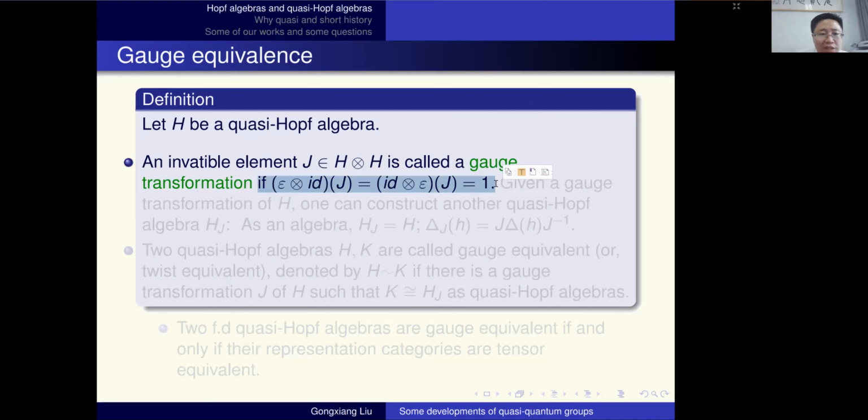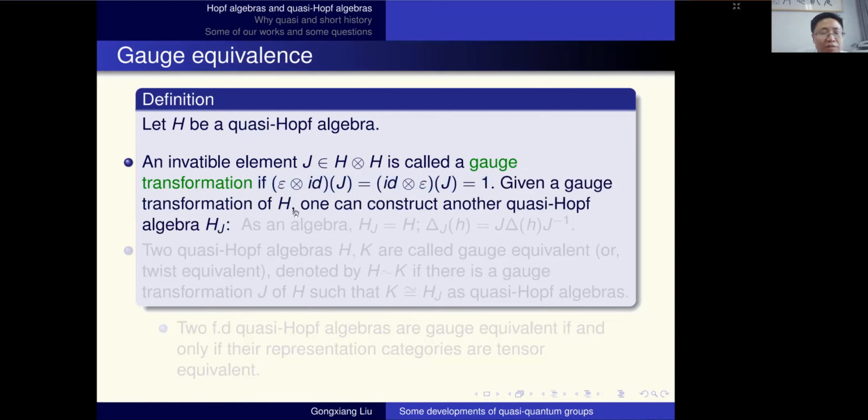Why do we need this concept, gauge transformation? The reason is that if you are given a gauge transformation J of H, one can construct another quasi-Hopf algebra, H_J. What's the meaning of H_J? As an algebra it is totally the same as H, so the algebra structure does not change. Of course, the linear space also does not change. The only change is the coproduct.